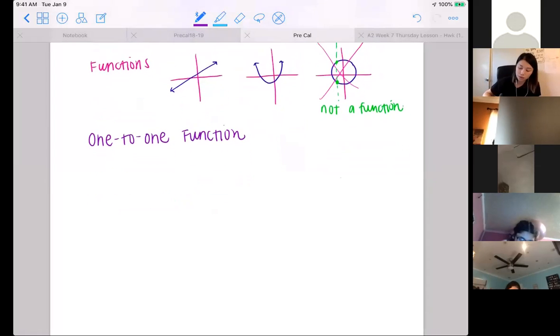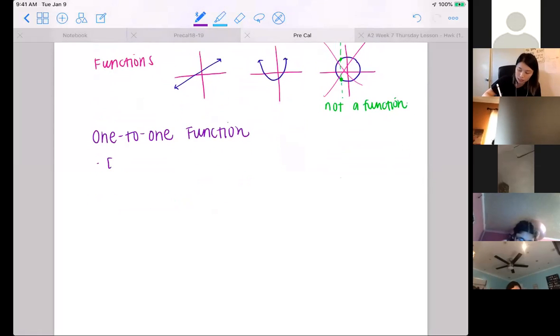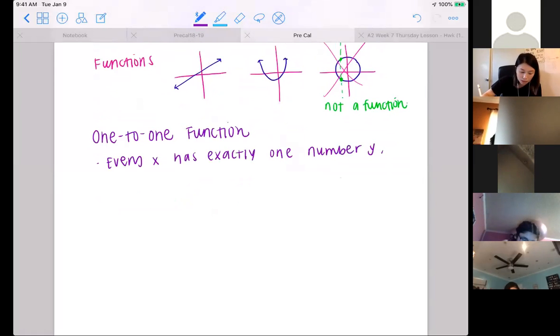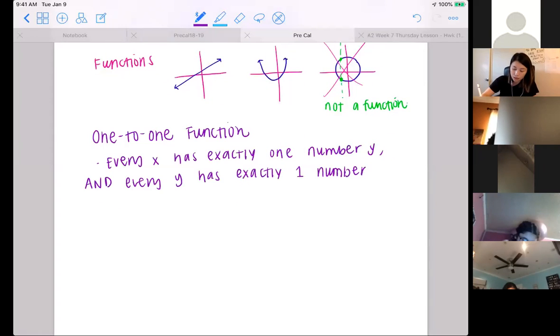So what a one-to-one function is, is every x has exactly one number y, and every y has exactly one number x.